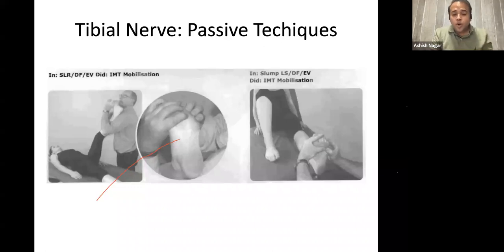There could be a Morton's neuroma. So Morton's neuroma के अंदर अगर आप इंटरटार्सल स्प्लेइंग करते हैं when the nerve is stretched out, तो आप फर्स्ट पिक्चर में देख सकते हैं वहां पे एसएलआर परफॉर्म किया जा रहा है. तो एसएलआर पोजीशन के अंदर वहां पे जो नर्व है उसकी स्प्लेइंग की जा रही है. So this is one of the passive techniques that you can use for Morton's neuroma.